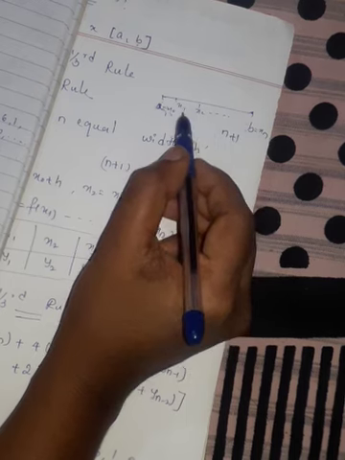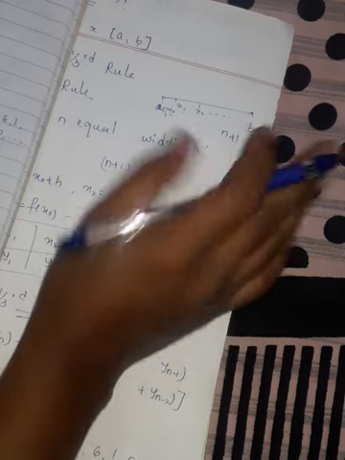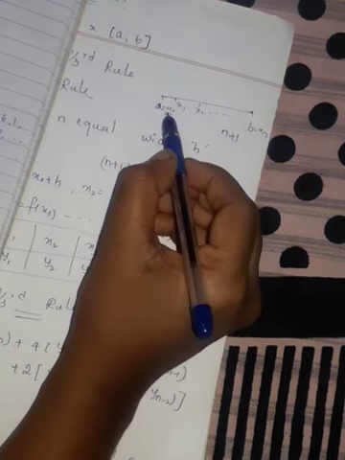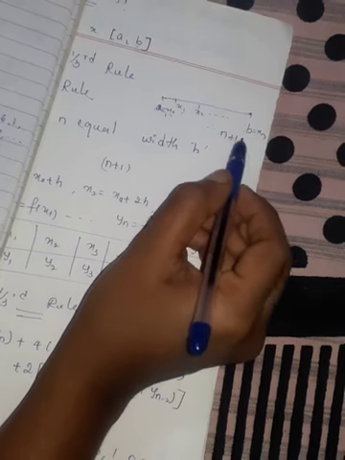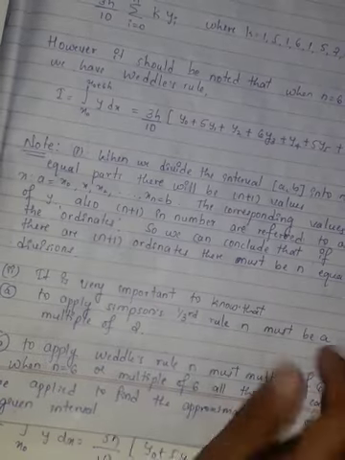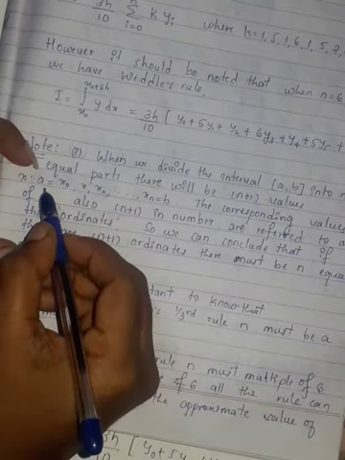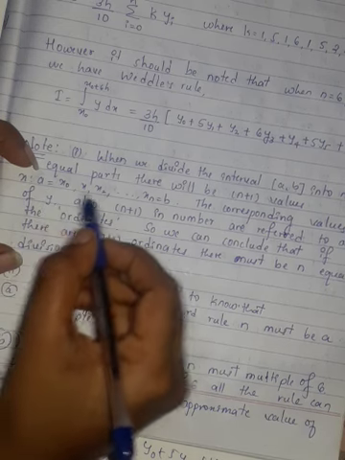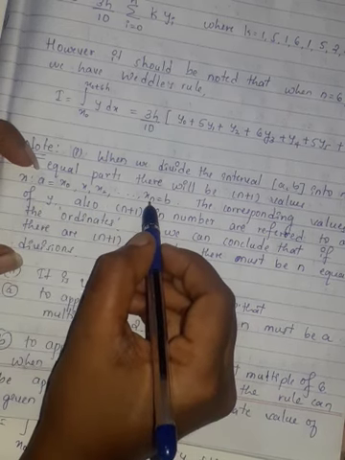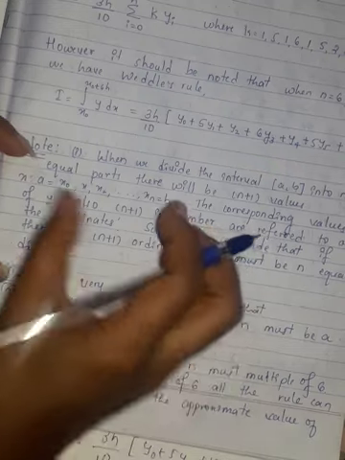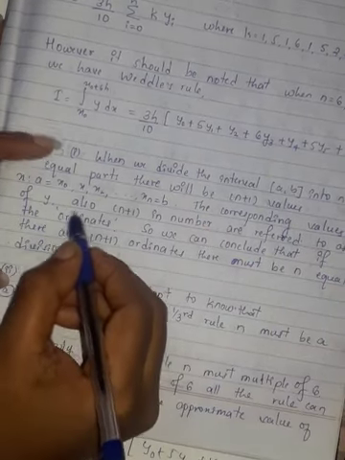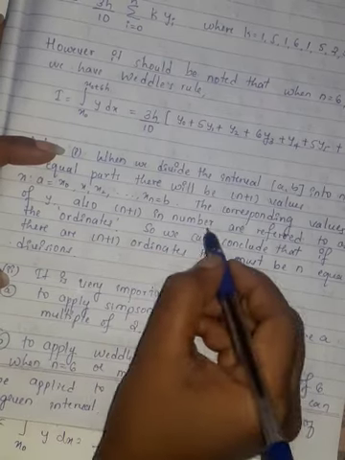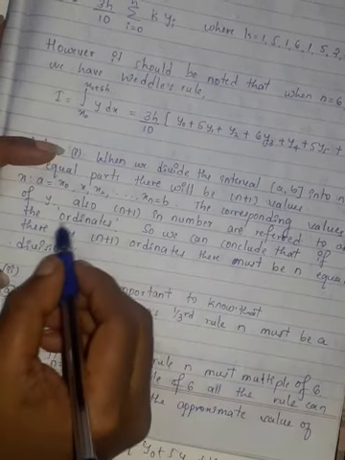If we started from x1 to xn, there would be n values, but we are starting from x0. So including this x0, we get n plus 1 values, that is x0 equal to a, x1, x2 up to xn, where xn is nothing but b. These are n plus 1 values. The corresponding values of y, also n plus 1 in number, are referred to as the ordinates.